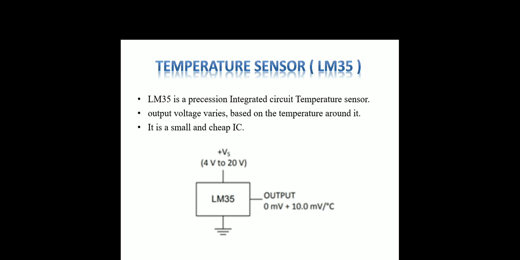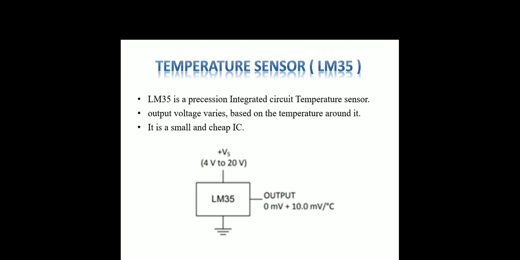It's very small, only a 3 pin IC. It senses the temperature of the surroundings, or we can say the room temperature, and gives output in voltage form, as the function of a sensor is to sense a physical parameter and give output in electric form. Right? You can see the diagram.